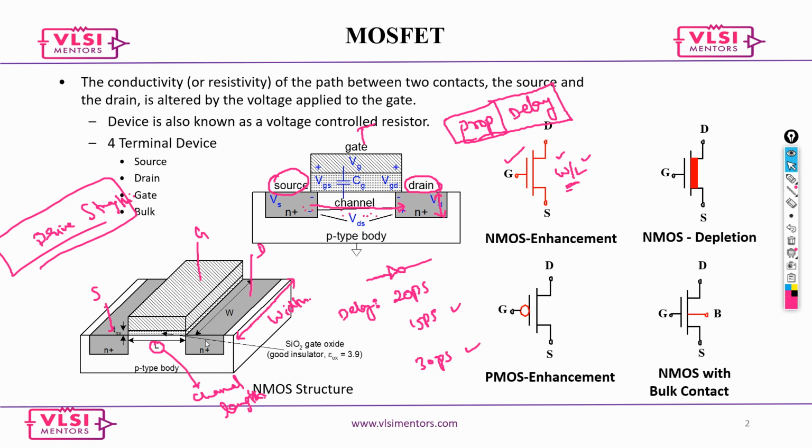Try to understand, you are going on the road and there is a small bridge. This is your road, and on top of it you have got a bridge. This is what I call the length L, and this is the width of the road.